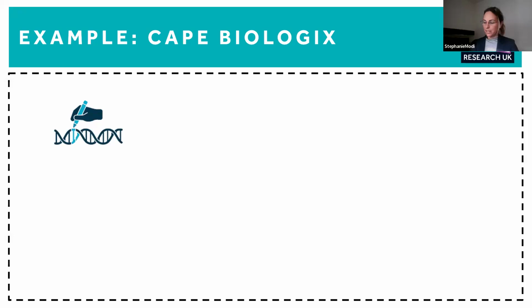So I've put this slide in to show you an example of an actual supplier in terms of how they produce their antibodies using plants. This is Cape Biologics, who are based in South Africa. What they do is they get a digital sequence of DNA, which is a bit like a computer code.